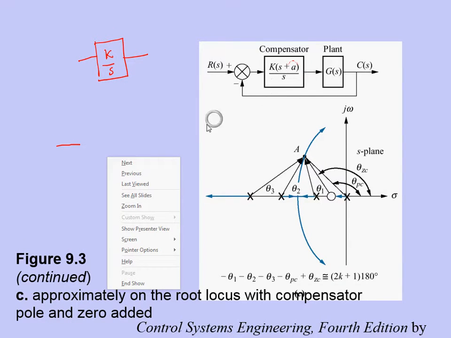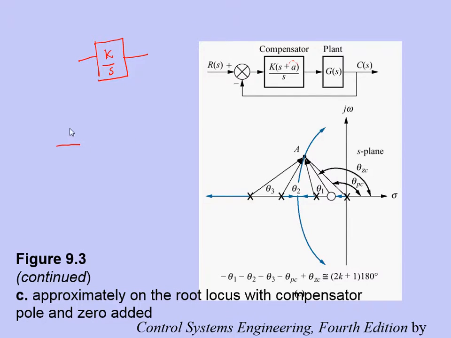So this is the result of, you could say that the block here is s plus a, like that, and then you have k, and then you have 1 over s, see?